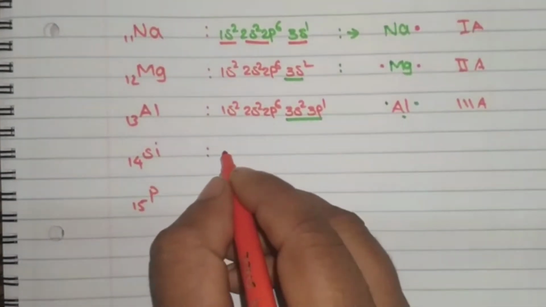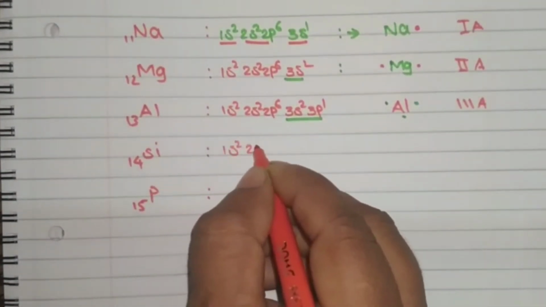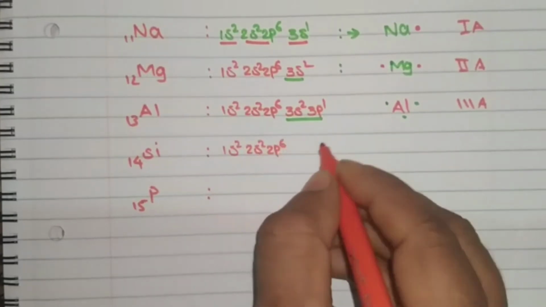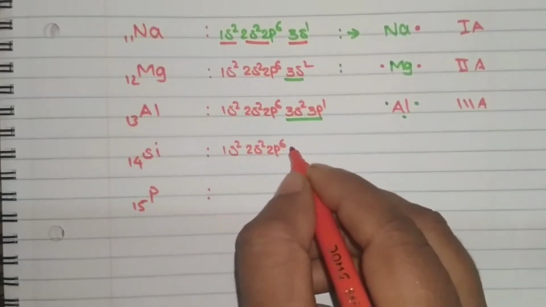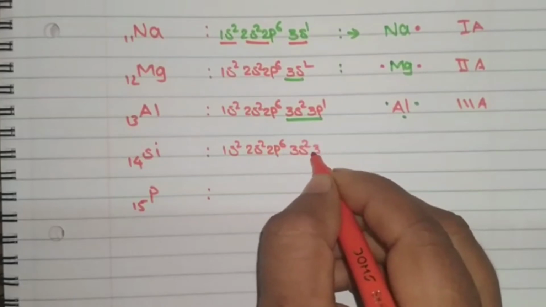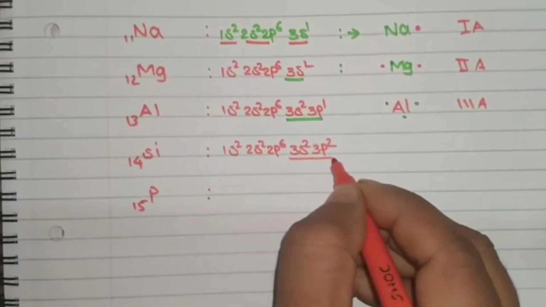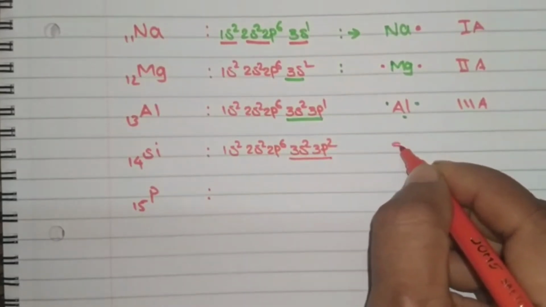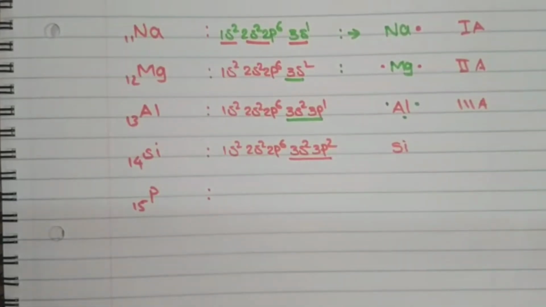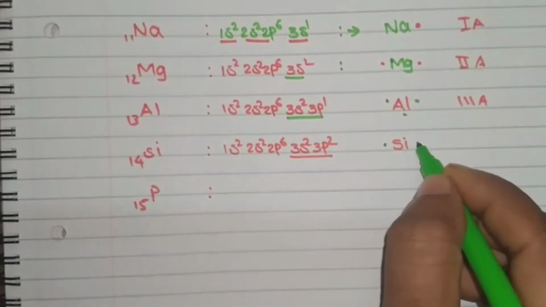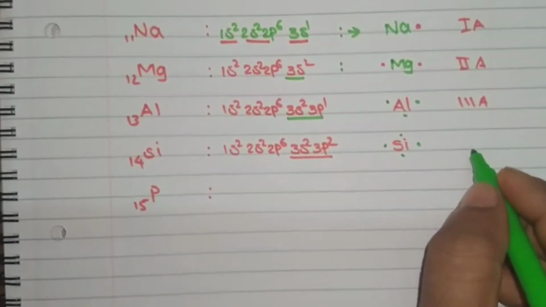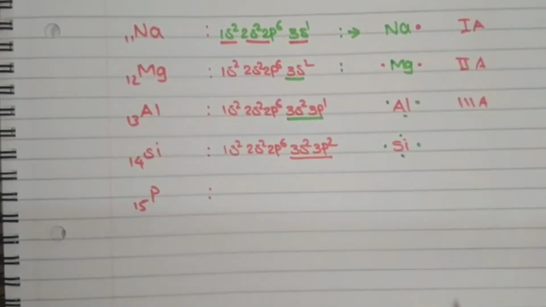Next, silicon: 1s2 2s2 2p6 3s2 3p2. This is the valence shell, so the silicon symbol has 4 dots, 1 2 3 4, that's why this is a 4A group element.